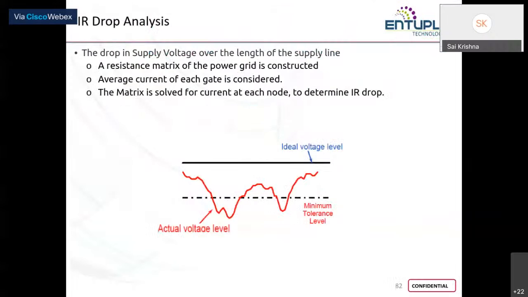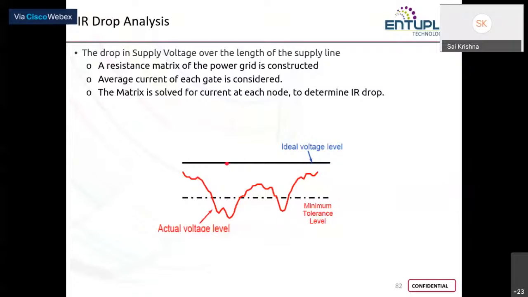Here you can see that the actual voltage keeps changing or fluctuating, but we have a level which is acceptable for proper functioning of any standard cell.